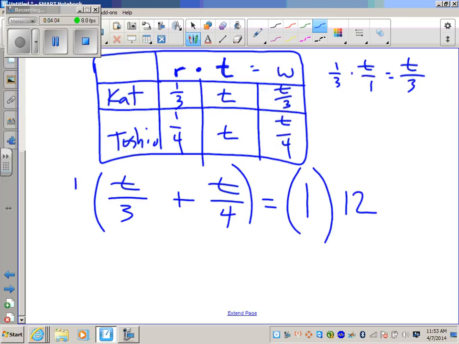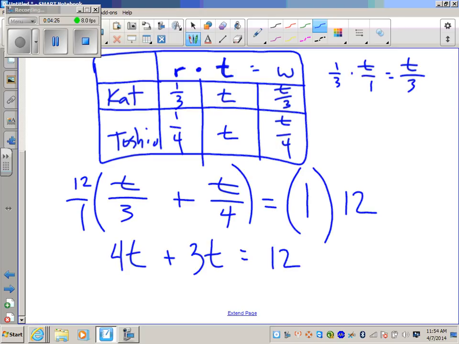So now, multiply this side by the 12. They have 3 in common. That's going to be what? 4t plus 12 times t over 4. 3t is going to equal 12.